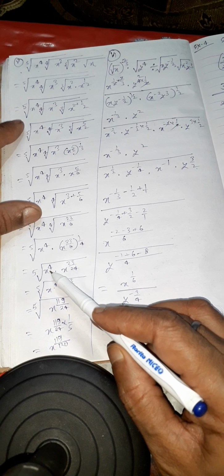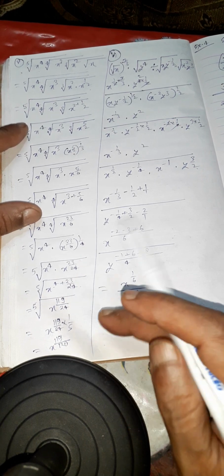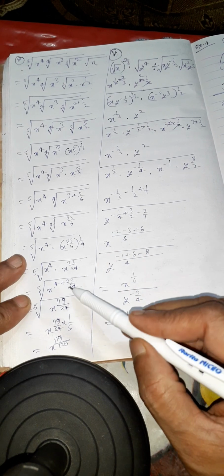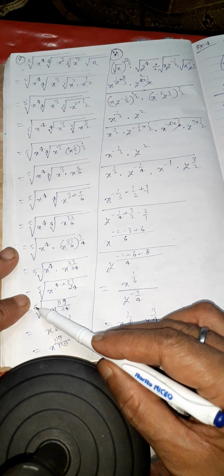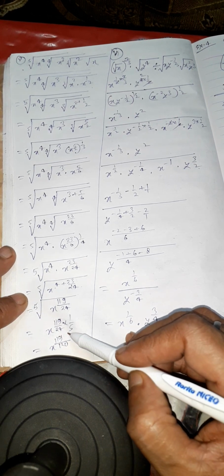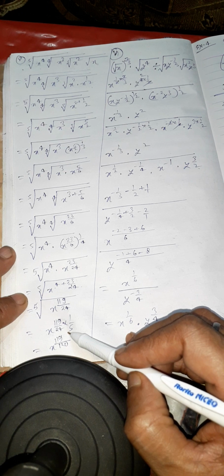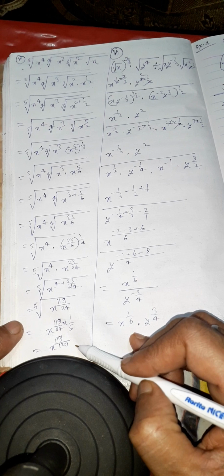Then x to the power 4 and 23 by 24, both the powers are added, we get x to the power 4 plus 23 by 24, it is 119 by 24, and it is under the fifth root. So x to the power 119 upon 24 into 1 by 5, it is 119 by 120.